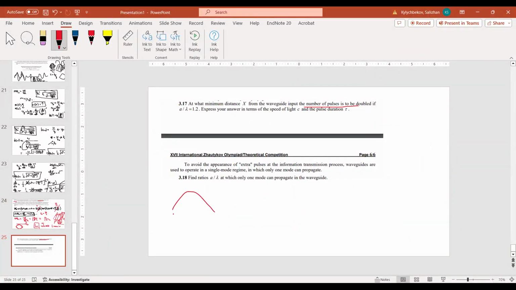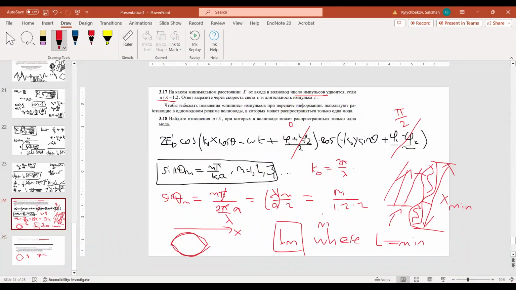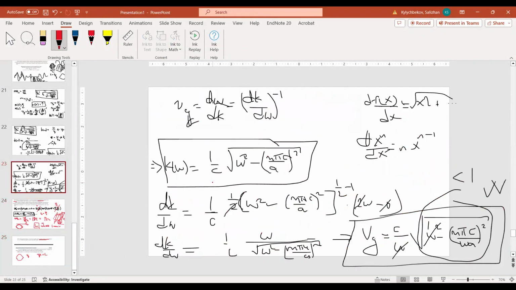We have a packet, we have group velocity: velocity group times tau is equal to L. Velocity group is dependent on m. We know that.